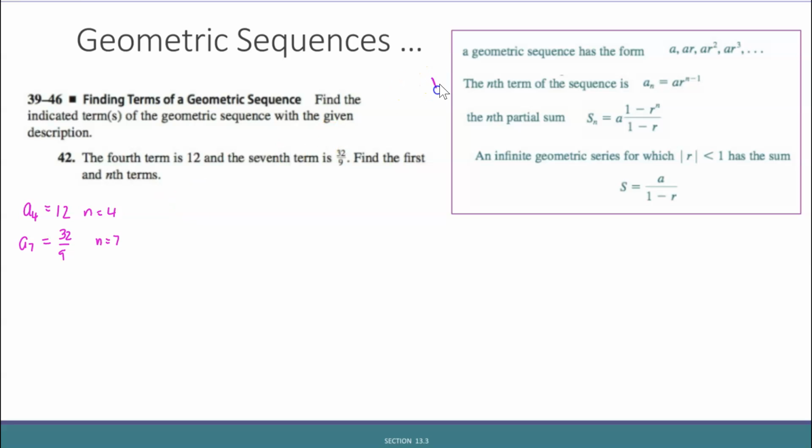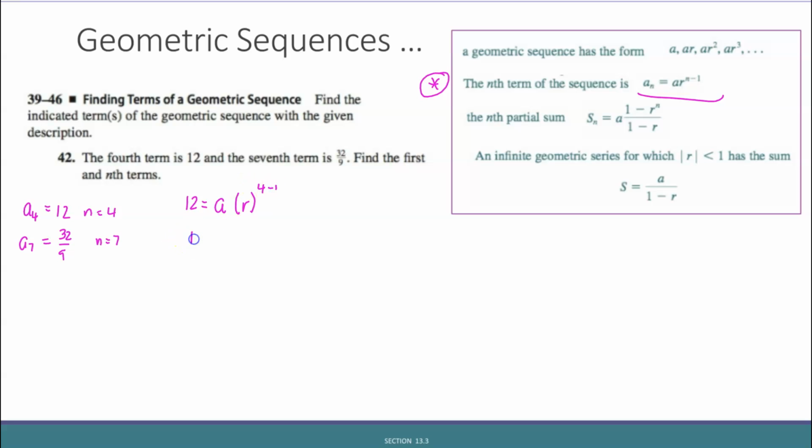Let's go to our nth formula, which is here. If the fourth term is 12, we would have 12 equal to A, which we don't know, times R, which we don't know, but we do know 12 happens at the fourth term, so n is 4.